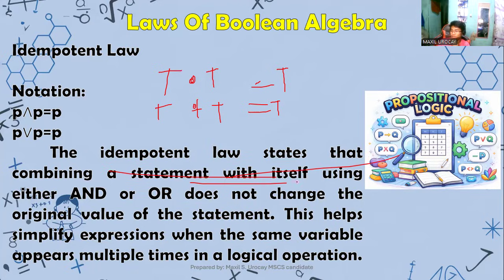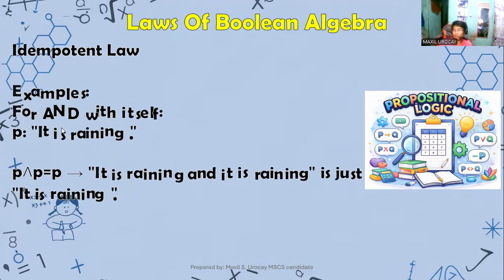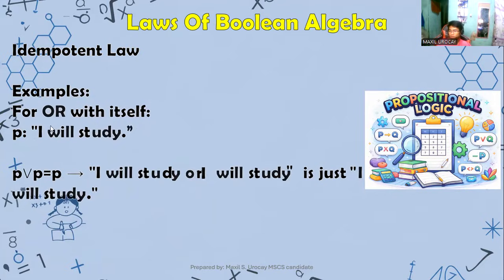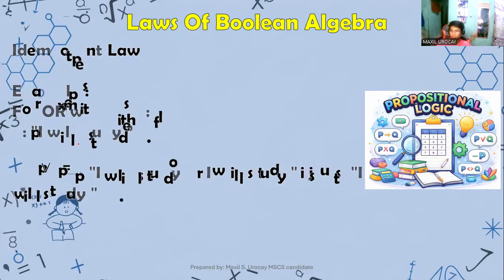The law states that combining a statement with itself using either and or or does not change the original value of the statement. It also simplifies expressions where the same variable appears multiple times in a logical operation. Like I said, reflection of self. So it is raining and it is raining will always result to it is raining. Now for the or, I will study or I will study will always result to I will study.